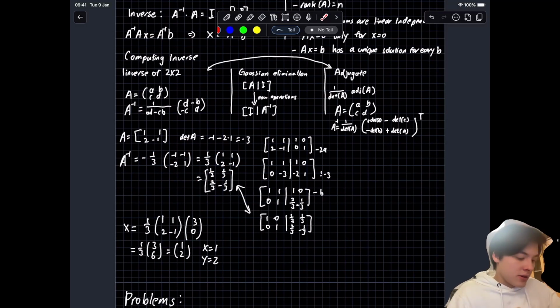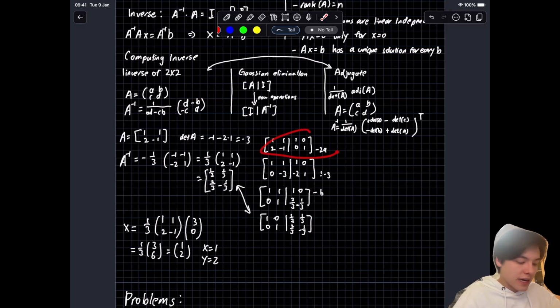So if we look at the Gaussian elimination, here we start. We would first eliminate the last row by taking minus 2 times the first row. So minus 2 and then 1, or minus 1 minus 2 equals minus 3. So we write that here, the minus 2.